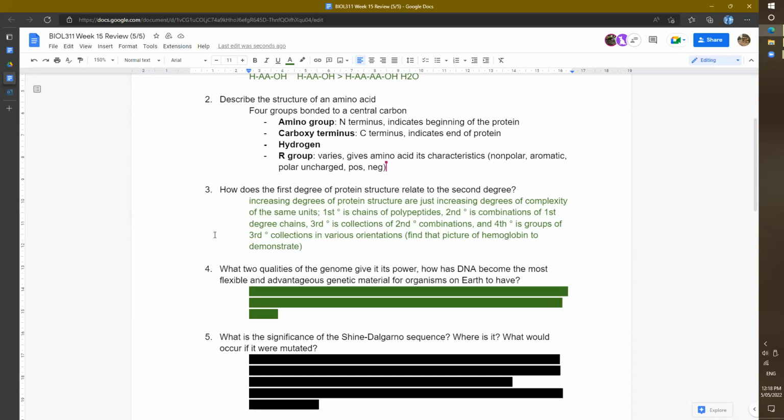First degree does not have hydrogen bonds. First degree structure is held together by phosphodiester bonds. Well, that's in the case of DNA. It's different for different things. I'm just talking about general first, second, third degree structures of proteins.